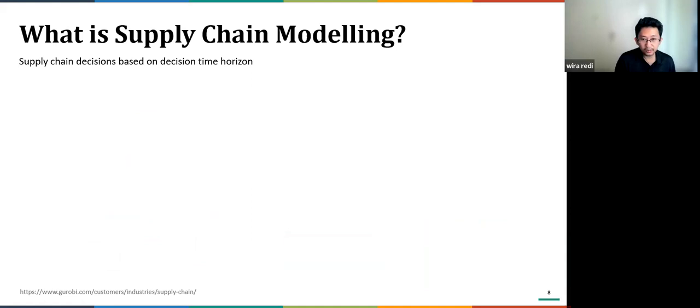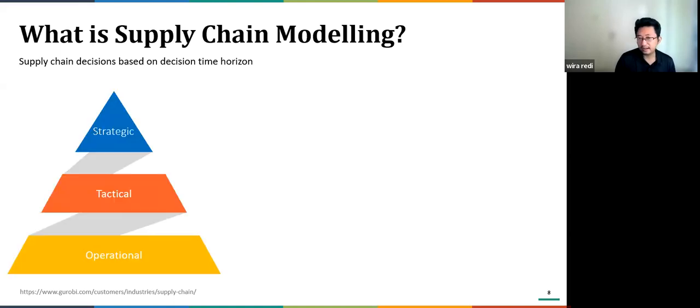Next, if you break down in more detail the decisions that we need to take in supply chain based on the decision time horizon, we can divide it into these three.